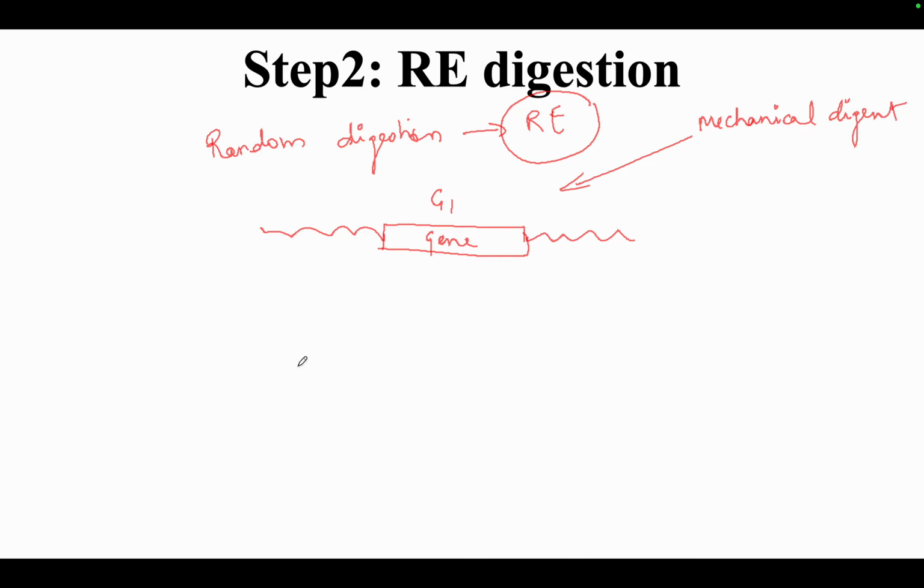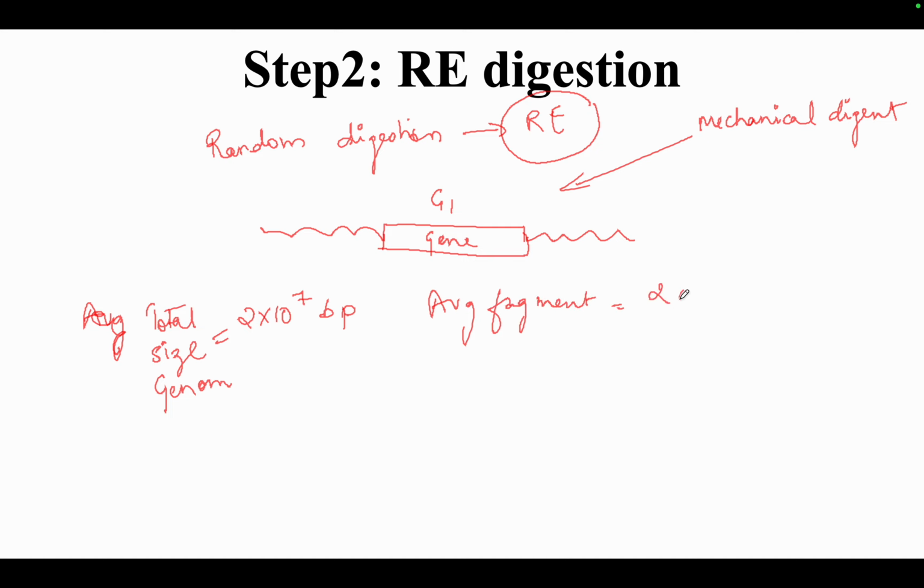Now let's say our human genome, or any animal genome, is approximately 2 x 10^7 base pairs long. This is the total size of the genome, and we need an average fragment length of 20 kb.